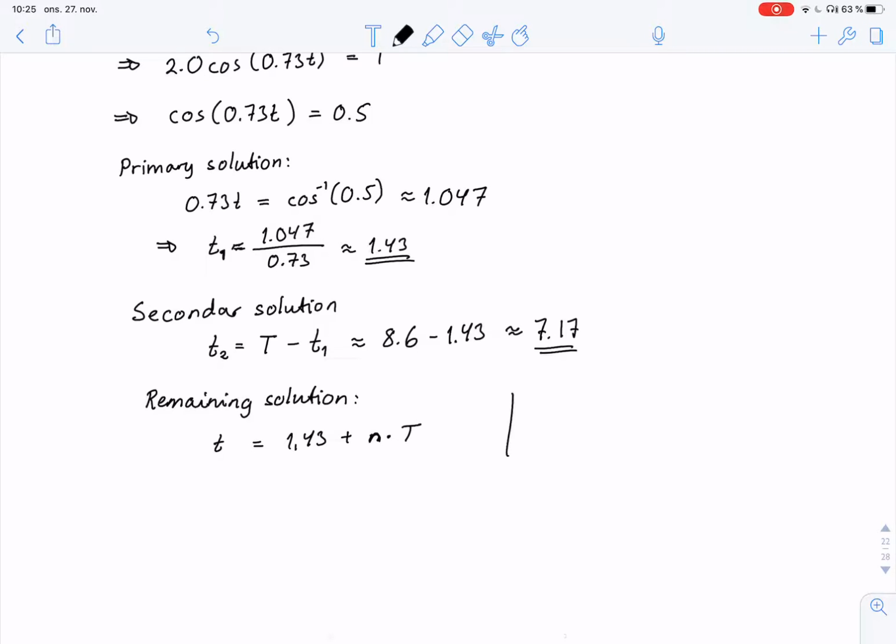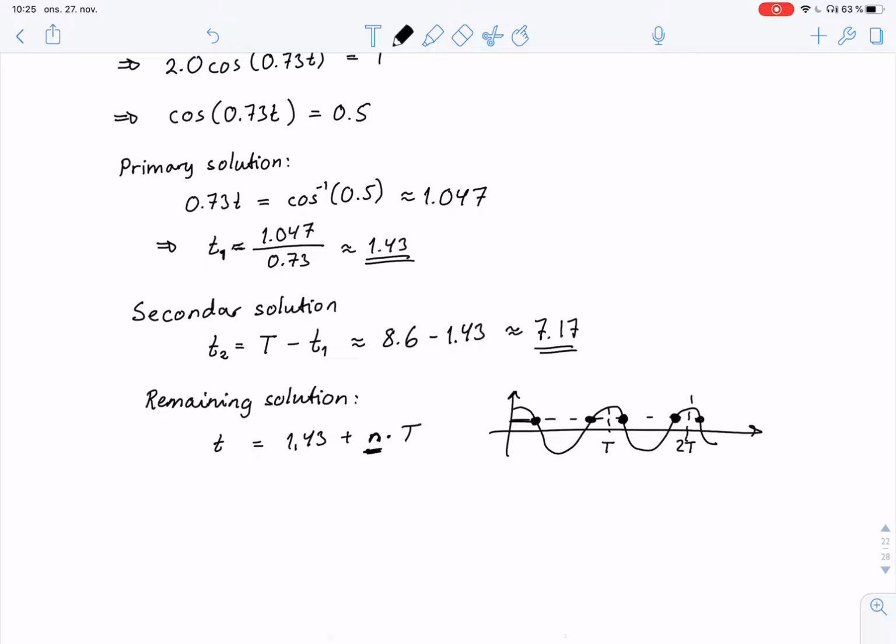So if we start out like this, here we have our t. So this would be a first, a primary, a secondary, and if we add one period to the secondary, we get a third. Here we have 2t. Here we have our primary plus 2 periods.